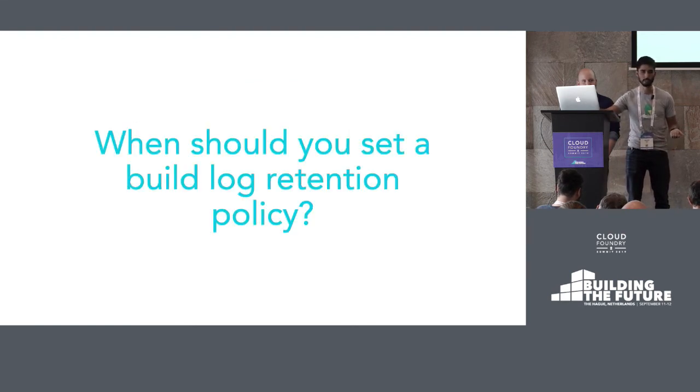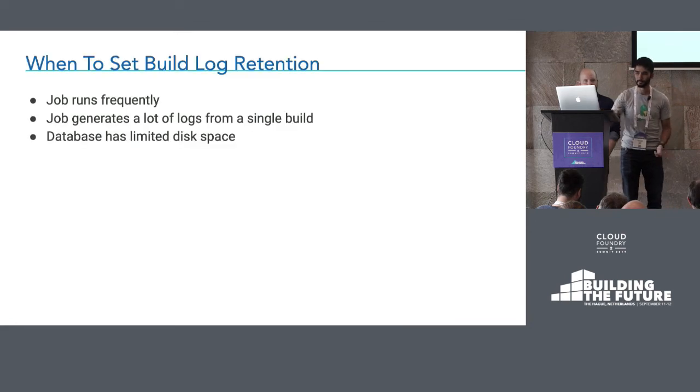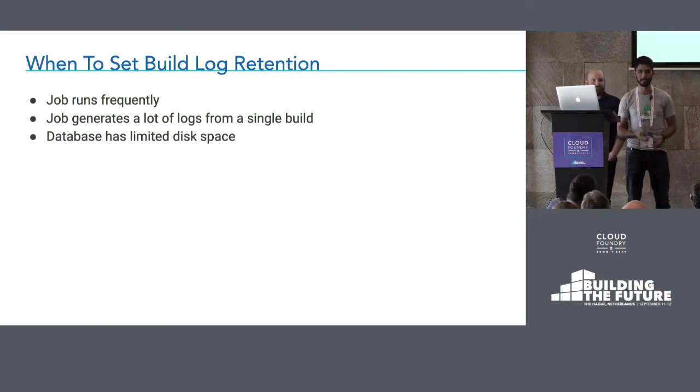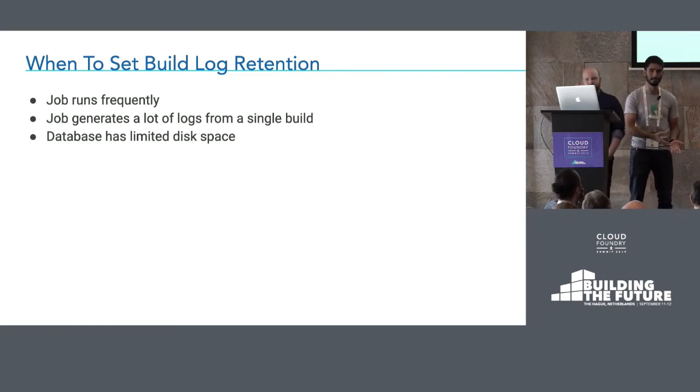Now, when should you set a build log retention policy? If you have a job that runs frequently, that's typically a good candidate for having its build logs reaped every so often. For example, we have a pipeline, or one specific job in a pipeline, that generates about 600 megabytes of log output, and that all gets saved in the Concourse database.